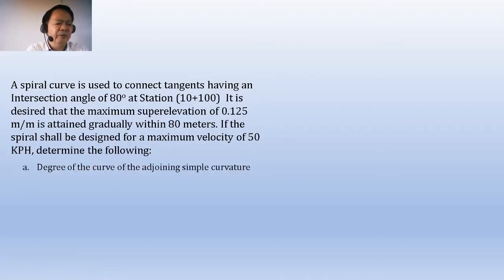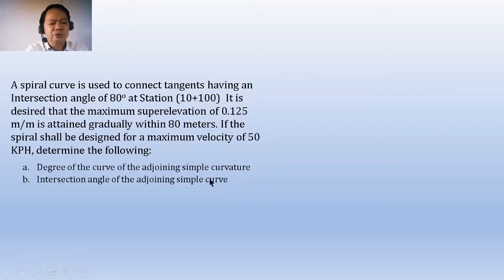the following. First, we are required to determine the degree of the curve of the adjoining simple curve. We are also required to determine the intersection angle of the adjoining simple curve as well as the length of that adjoining simple curvature.